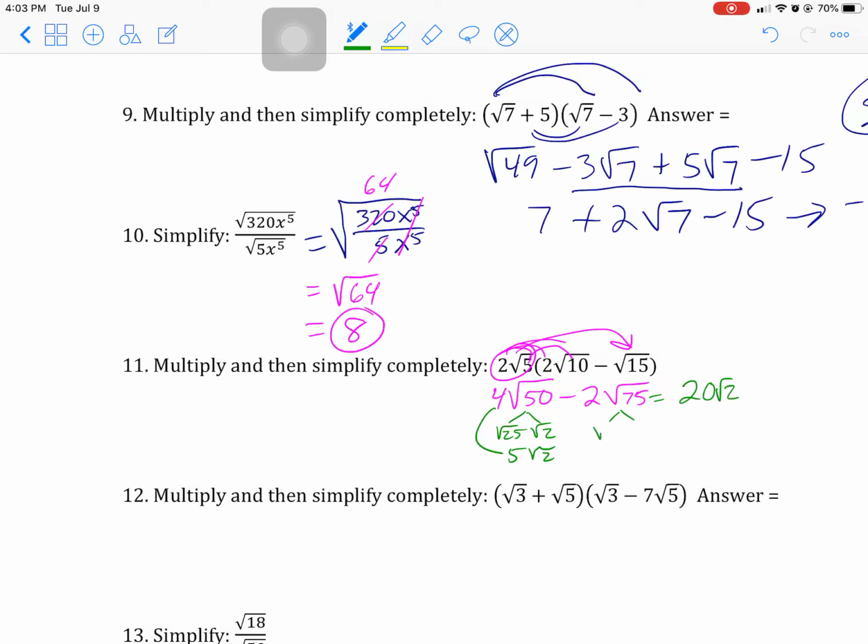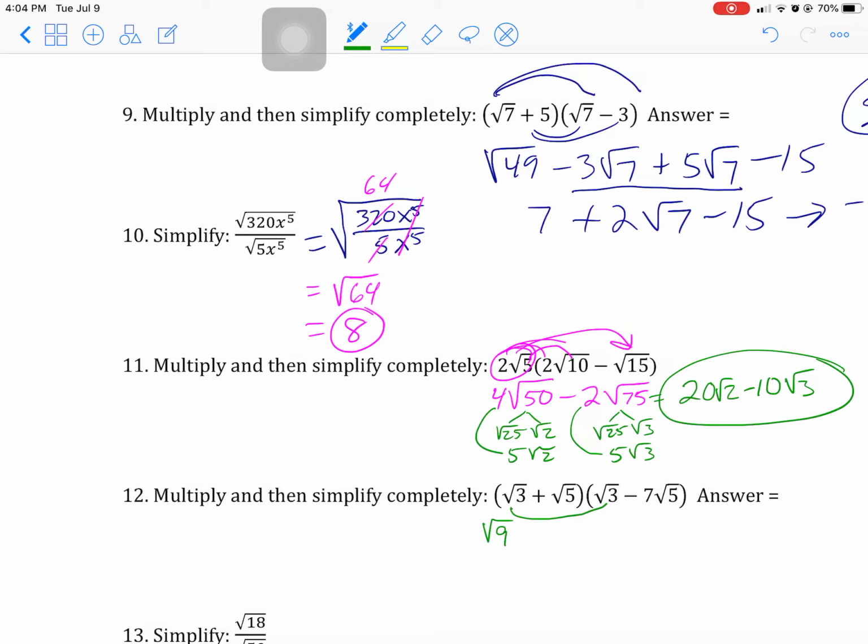And 75 is the square root of 25 and 3, so 5 square root of 3 times negative 2, so it would be negative 10 square root of 3. And that is my final answer, because even though the indexes are the same, the radicands are not, so I cannot add. Okay? All right, this one here, square root of 3 times square root of 3 is square root of 9.